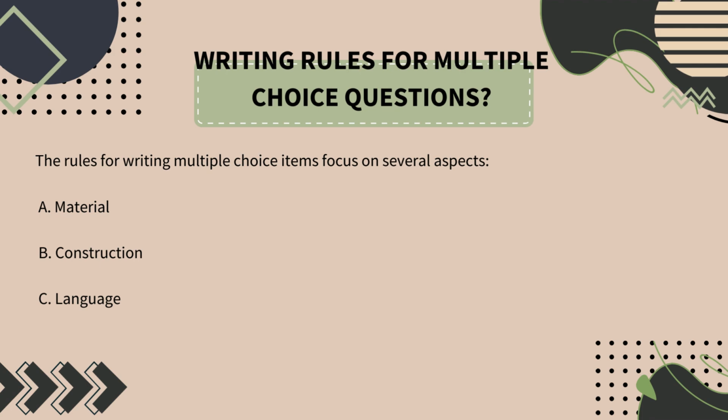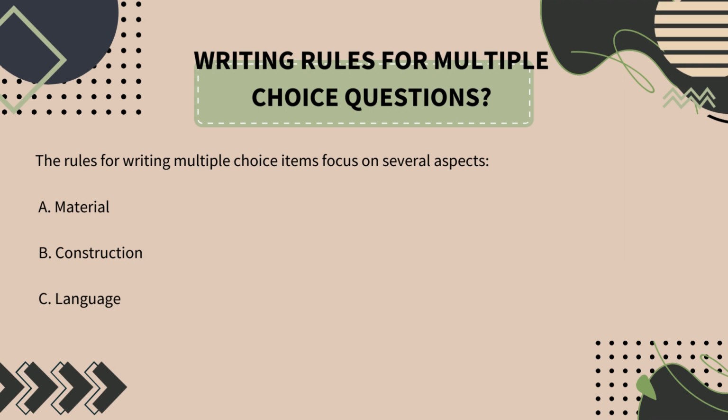For the material, use proper grammar, pronunciation, and spelling. Items and options should be clear and unambiguous. Content should be independent from item to item. Avoid making the answer of one item depend on knowing the correct answer to another item.